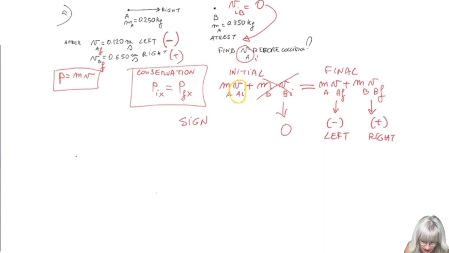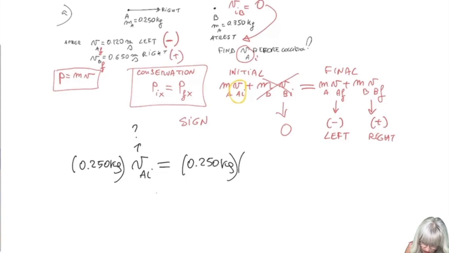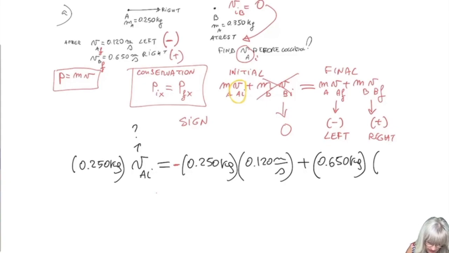Mass of A, velocity of A initially is what I want to find, equals mass of A multiplied by the final velocity of A, which is the negative value of 0.120, plus mass of B times the velocity of B. Yes, it's positive, so I don't have to change it. Mass of B is this one.